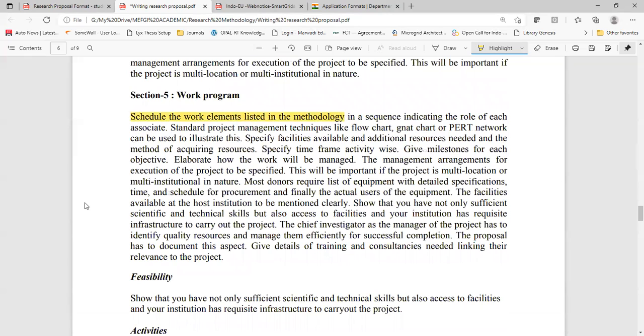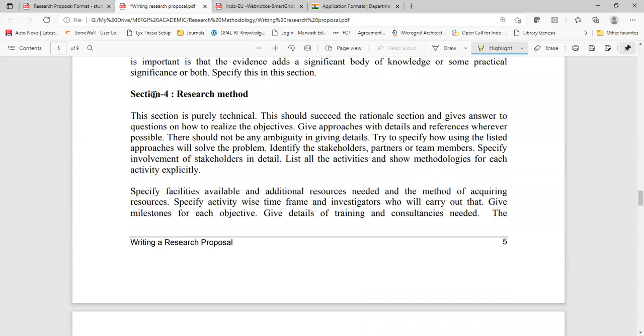Suppose you have mentioned all the activities and their methodologies in the research method. You mentioned that these are the activities which you are going to perform. For example, I will verify the efficiency of the brushless DC motor, and then I will test it, and I will improve it, propose a new one, and then compare the new one with the old one.